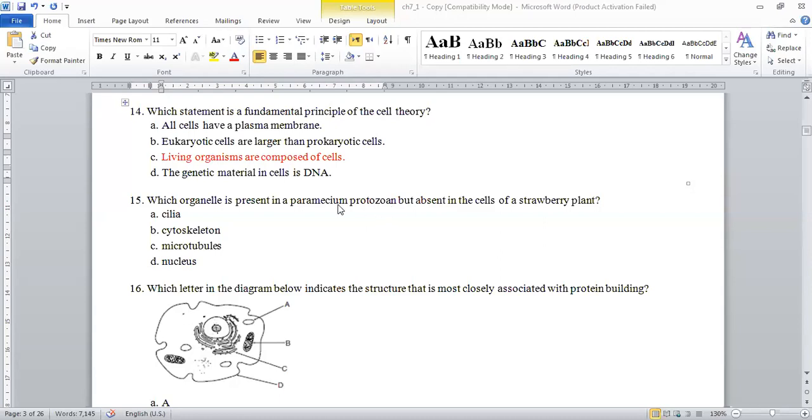Paramecium protozoa is a unicellular organism that lives in pond water. So an organism whose body is made of only one cell, a complete organism. What you can find in the cytoskeleton, you can find in any cell. Microtubules you can also find. Also the nucleus. But cilia, what is the job of cilia?